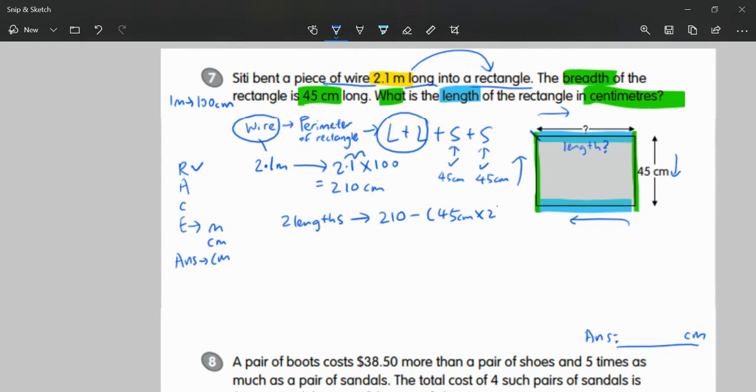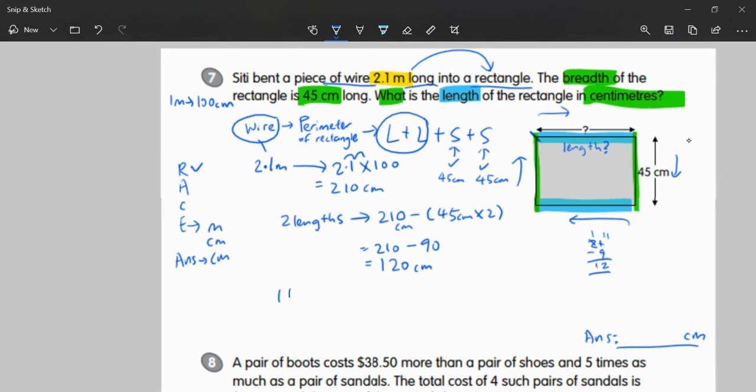I can use multiplication for it, or I can minus 45 and then minus 45. That works as well. So I have 210 centimeters minus 90 centimeters, which will give me 120 centimeters.